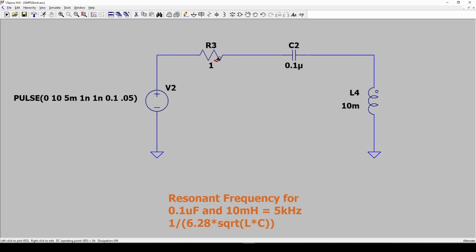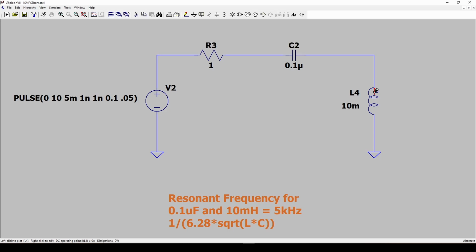And if there's no resistance, if this resistor was 0 and it's a perfect circuit, the bell would ring forever. The inductor and the capacitor would exchange energy back and forth and oscillate just like a bell, and it would never stop ringing. Of course, in the real world, that doesn't happen because you've got resistance in the wires, resistance inside the capacitor, and it's going to dissipate energy and it's going to stop ringing.